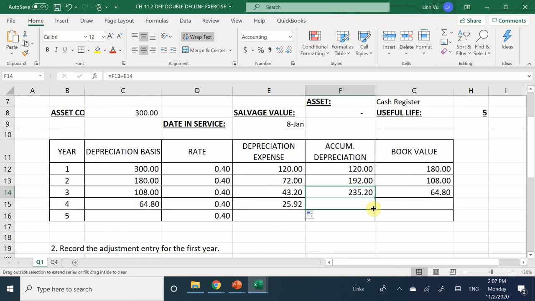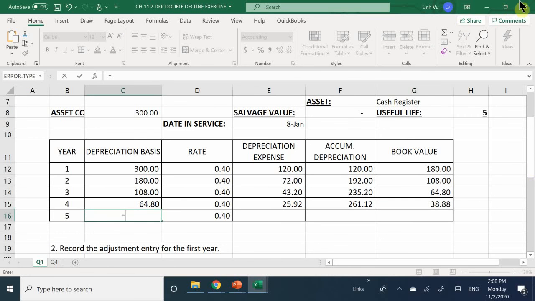Plus 25.92 is $261.12. Good. Bringing my new book value to be 300 minus 261.12, which is $38.88. Good. Last but not least, we're going to bring that right across over to year 5. 38.88.